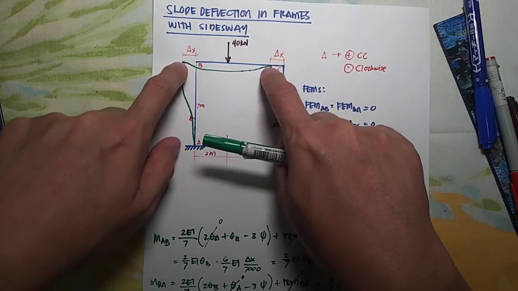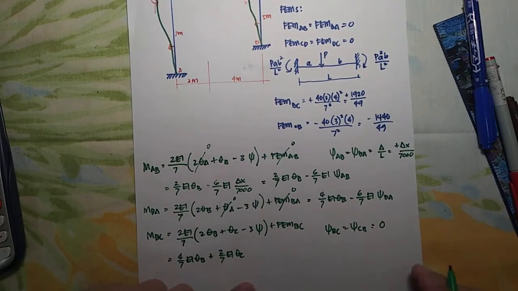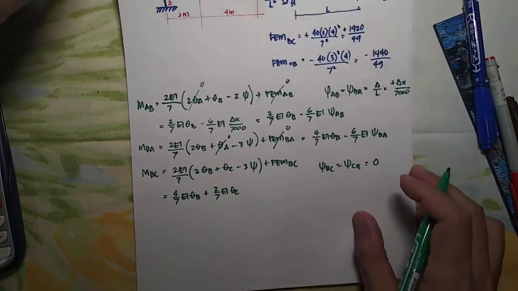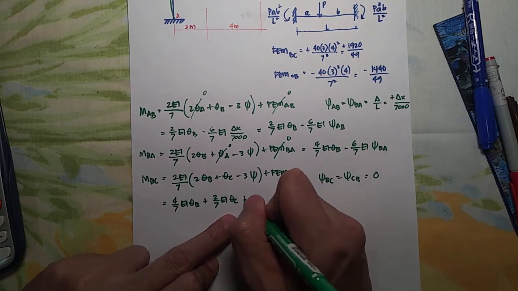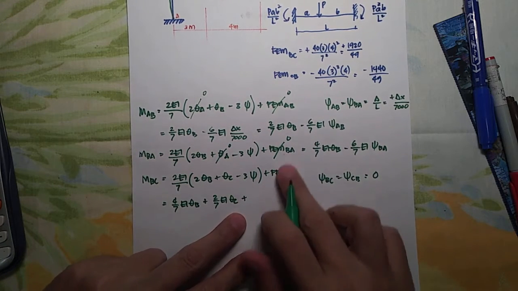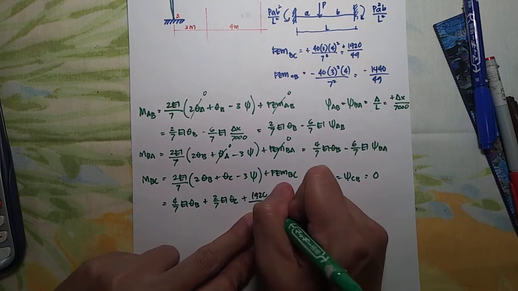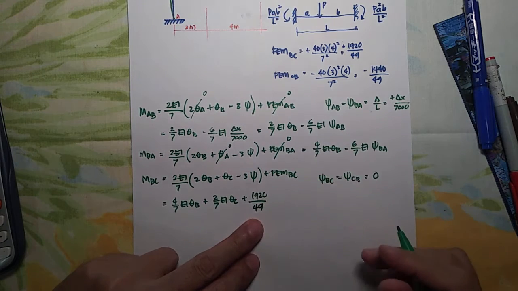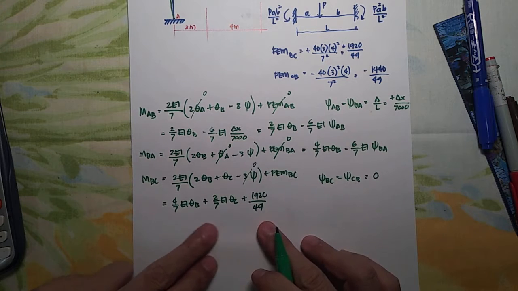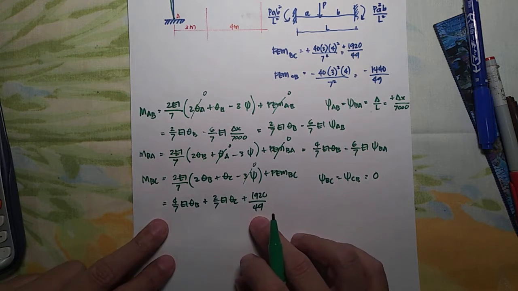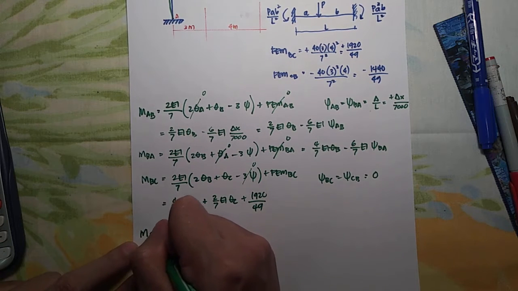Before and after loading, they're on the same level. So therefore psi there is 0 for that case. Plus the FEM for BC is this, 1920 over 49. So the psi term is just 0. So that is for BC. How about next for CB?